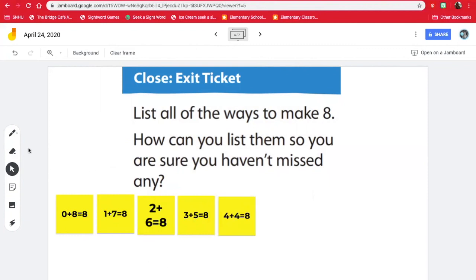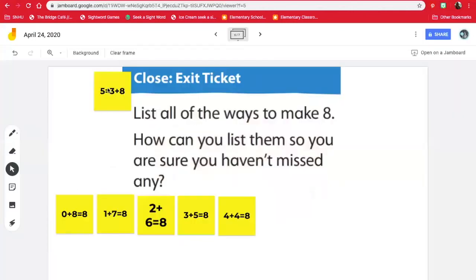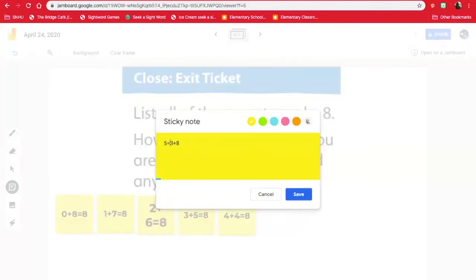After 4 comes 5. We could look at this one because we're just going to swap the addends. So 5 plus 3 equals 8. There we go.